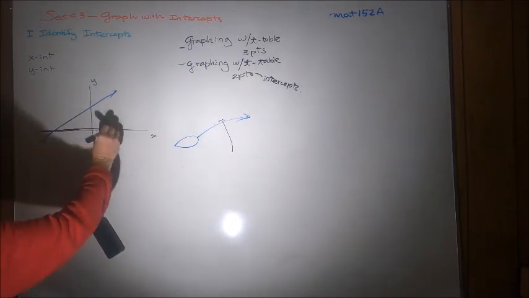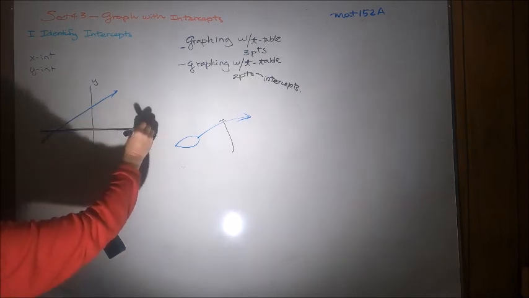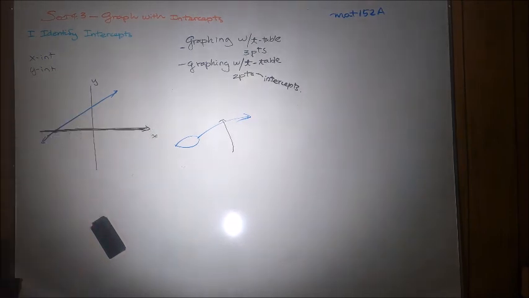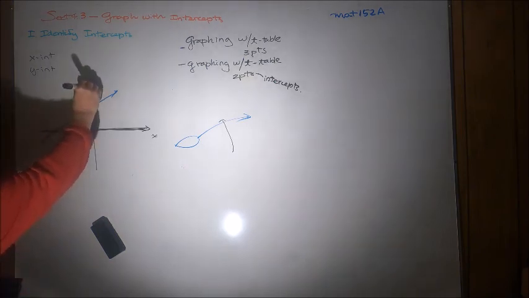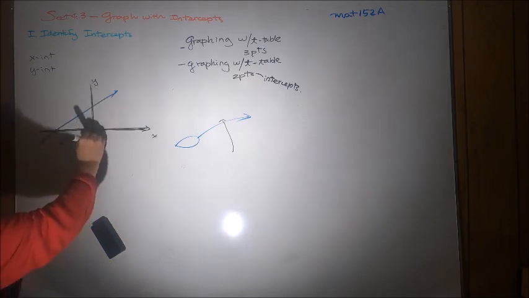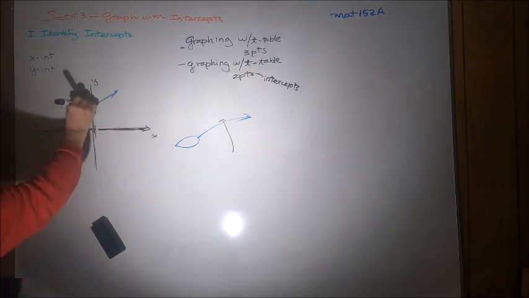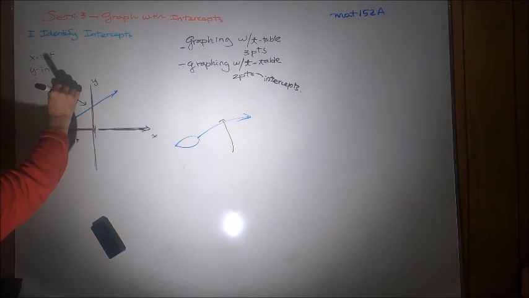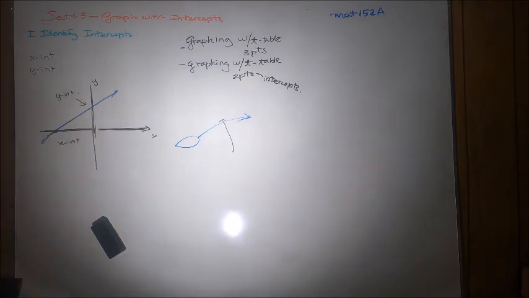If it's intercepted by the x-axis, like this point, we will call it what? X-intercept, right? If it is intercepted by the y-axis, we will call this point what? Y-intercept, right?